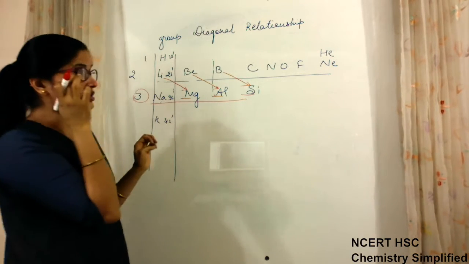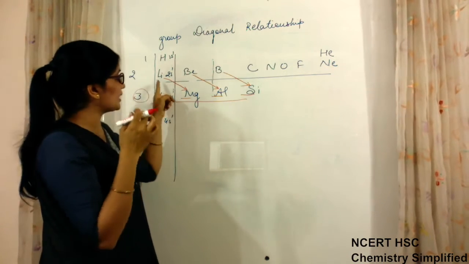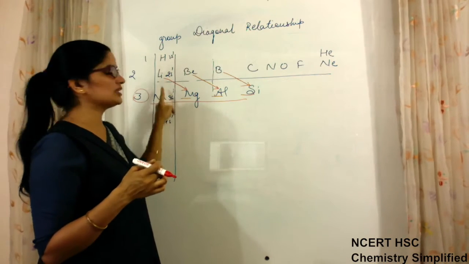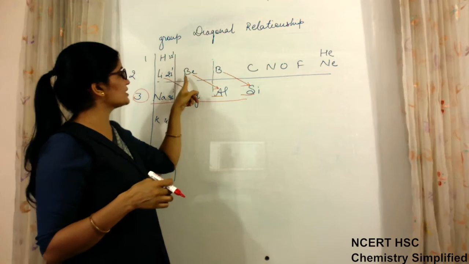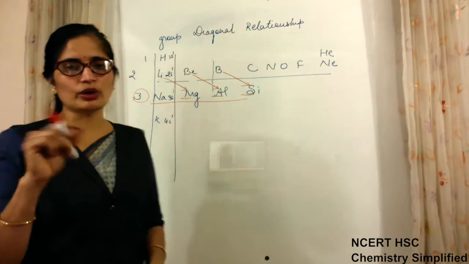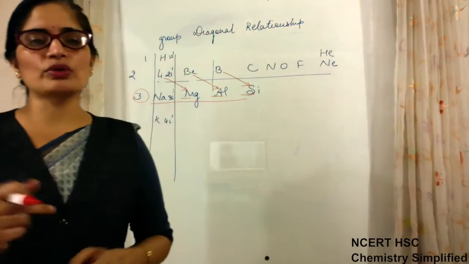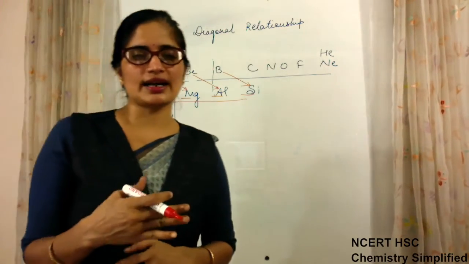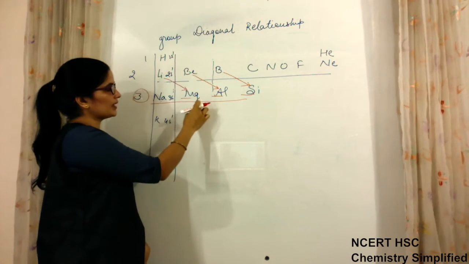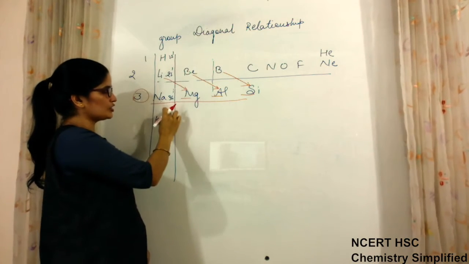Because of this, similarity is more between lithium and magnesium than lithium and sodium. Similarity is more between beryllium and aluminium than beryllium and magnesium, because of two opposing factors working in opposite directions. Their sizes are more similar, lithium and magnesium, compared to lithium and sodium.